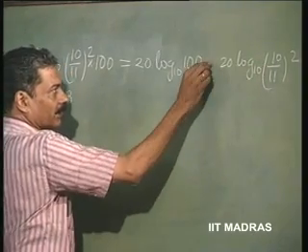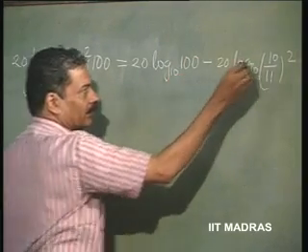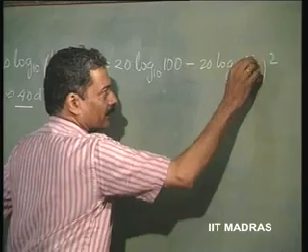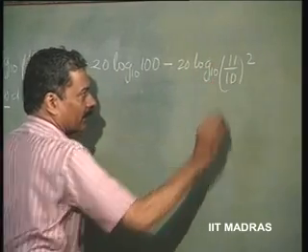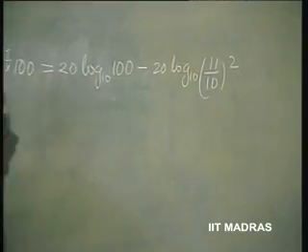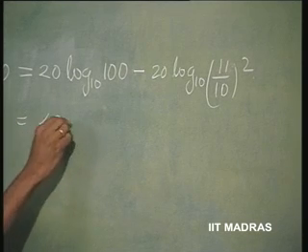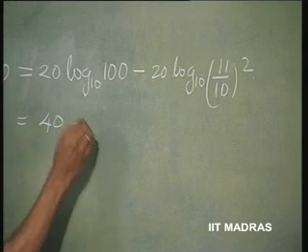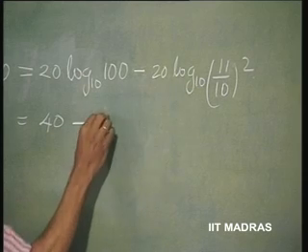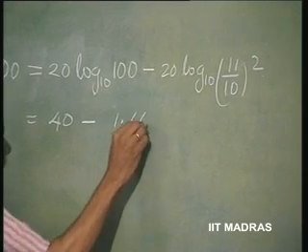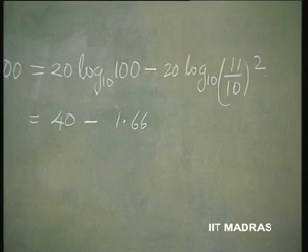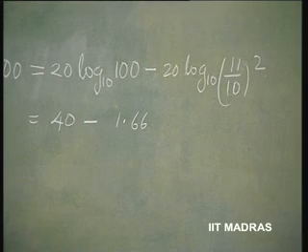So, this becomes minus, and therefore 11 over 10 square. So, this is equal to the same 40 minus, this is evaluated comes out to be 1.66. So many decibels, which we had approximated earlier as 40 decibels.